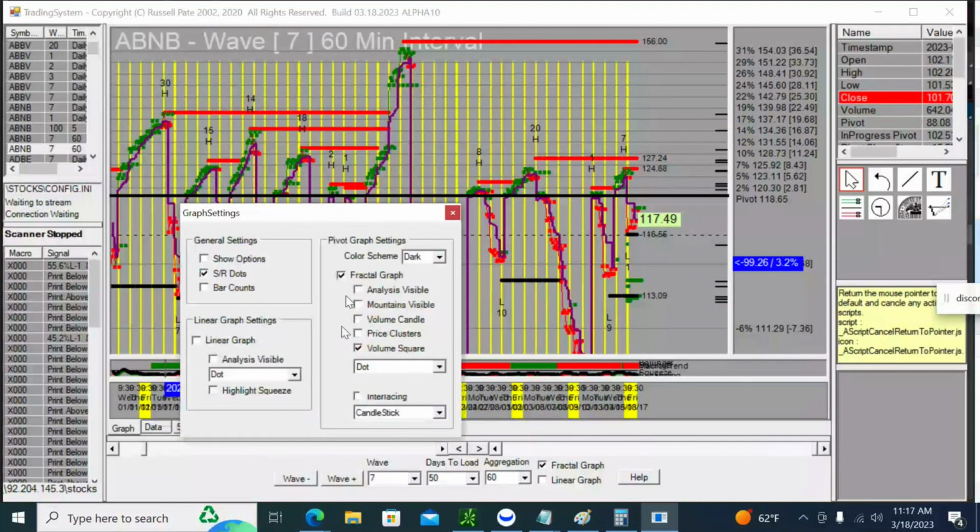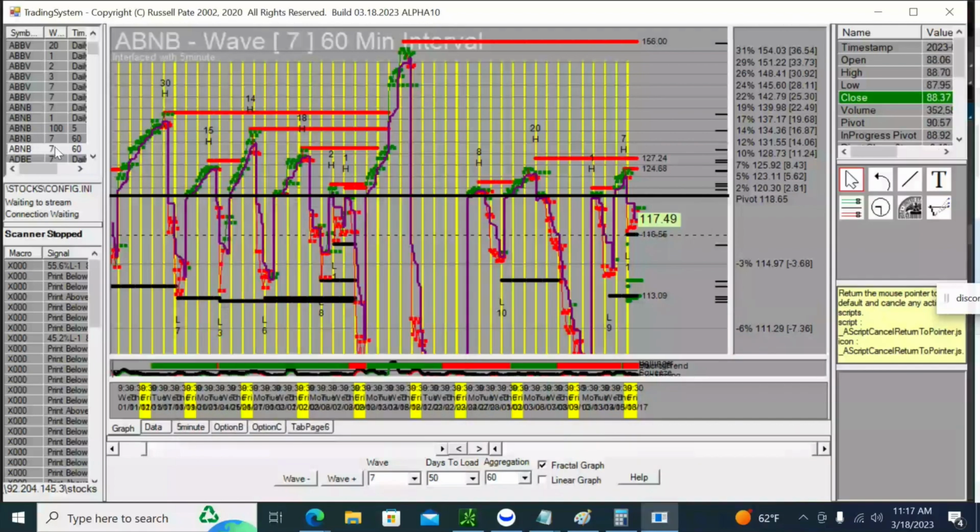Let's see. And there's just some other stuff down here.